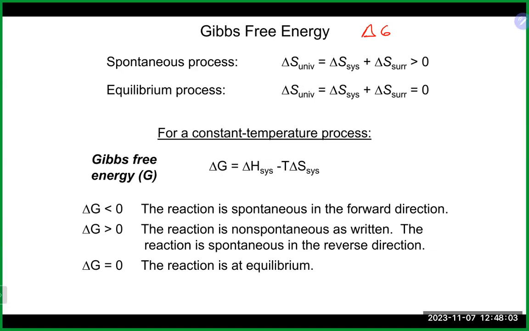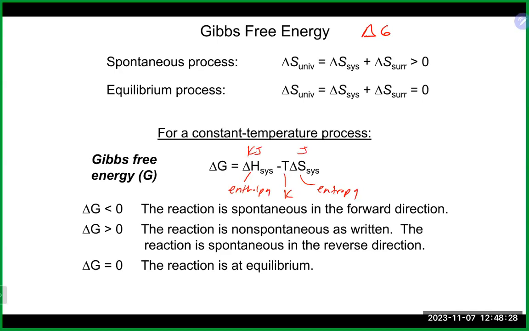One way you can calculate it is delta G is equal to delta H minus T delta S. That is our enthalpy. That is our temperature in Kelvin. That is our entropy. This, once again, is a situation where you have to watch units. Our delta H is probably going to be in kilojoules, and our entropy will be in joules.